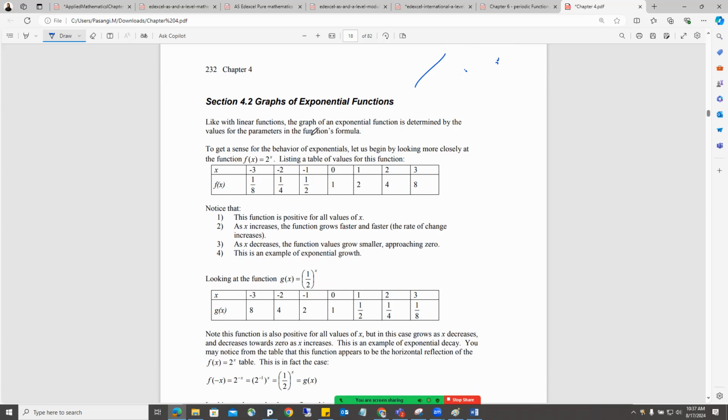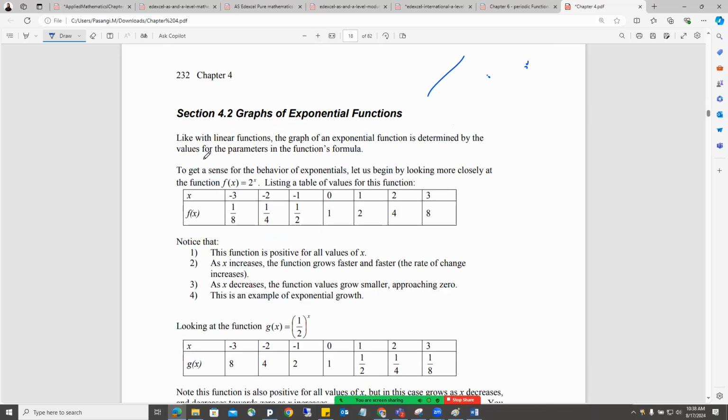Like with linear functions, the graph of an exponential function is determined by the values of the parameters in the function's formula. If it's a linear one, then the equation is y equals mx plus c.